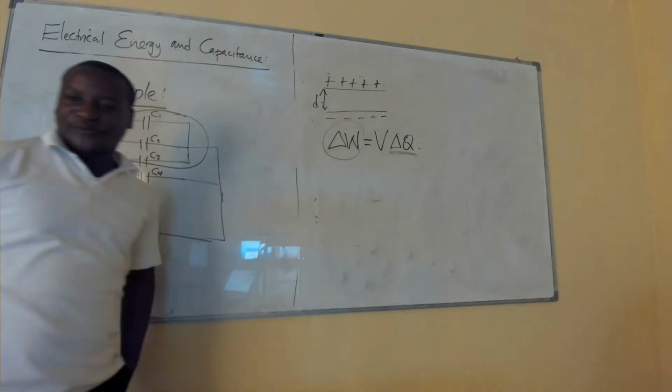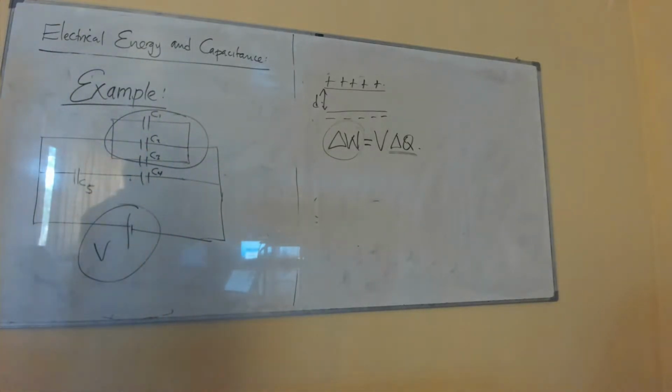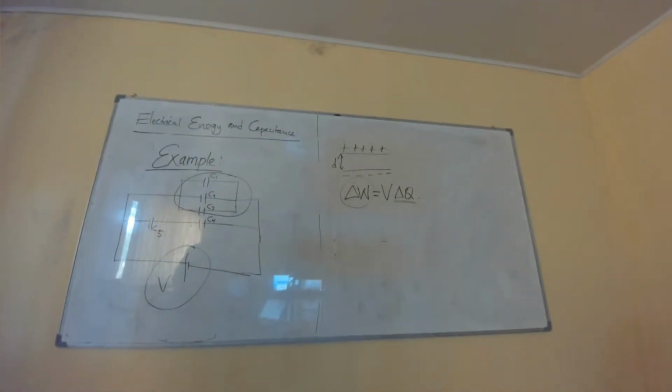So we are saying the work done in transferring a small amount of charge, dq, from the negative to the positive takes an amount of work equal to the change in work, which is equal to the potential difference multiplied by the change in the charge. All right.